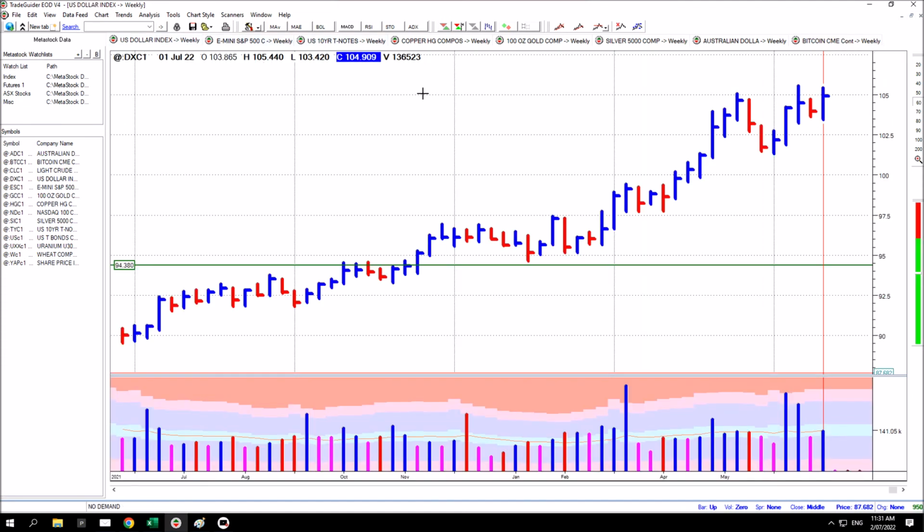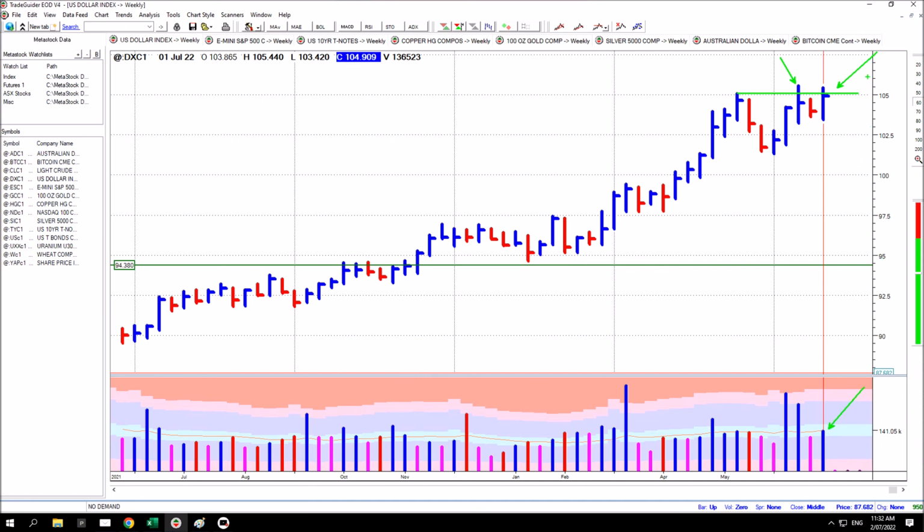And back to the US dollar index just briefly, because this is the market that really makes a difference across the broader market. Price is up, challenging the highs again. The market's traded inside this bar for the previous 2 weeks. Volume increased to average this week as price moved higher.